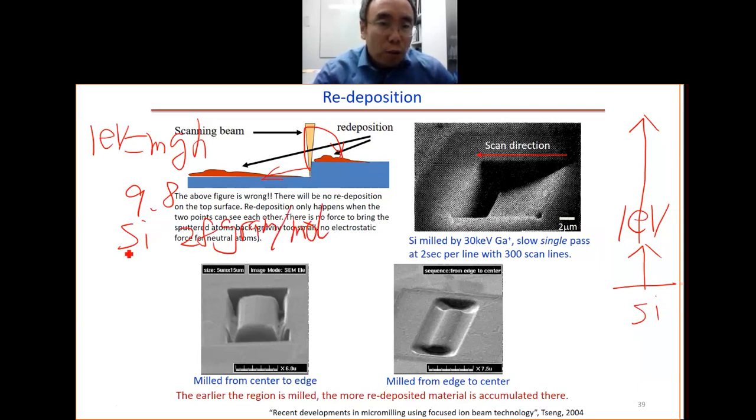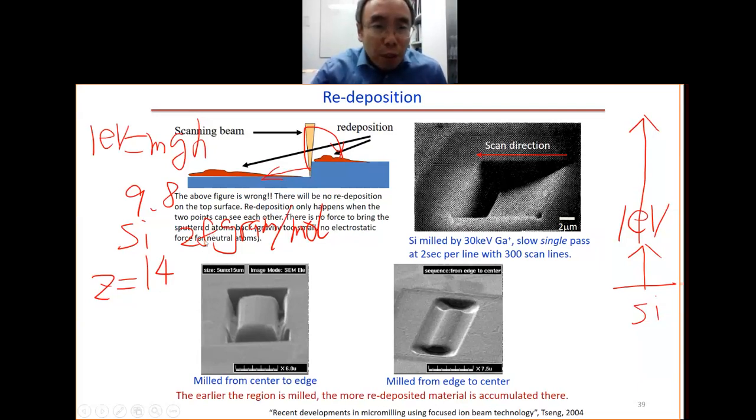How do I remember this 28? Because for silicon, the atomic number is 14. Normally the number of protons and the number of neutrons is the same in the nucleus. So we have 14 protons and also 14 neutrons, so in total we have 28 protons or neutrons. That's why you get 28 grams per mole.